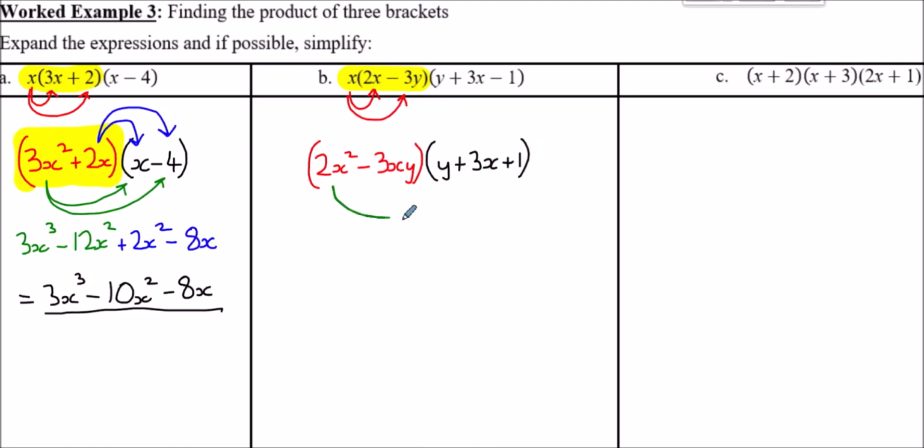So 2x squared multiplied by y, that's going to give us 2x squared y. Then 2x squared multiplied by 3x. 2 times 3 is 6. X squared times x is x cubed. Then x squared multiplied by 1.